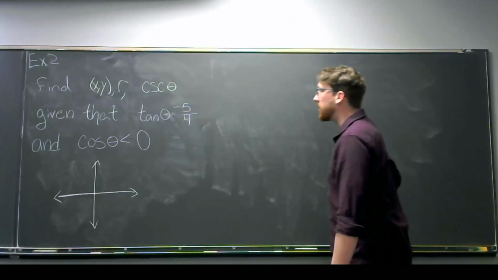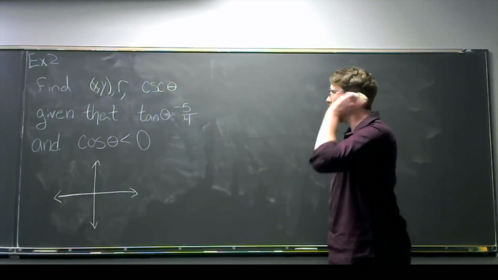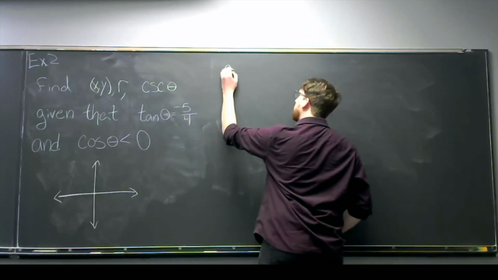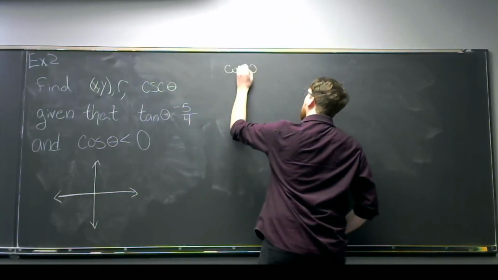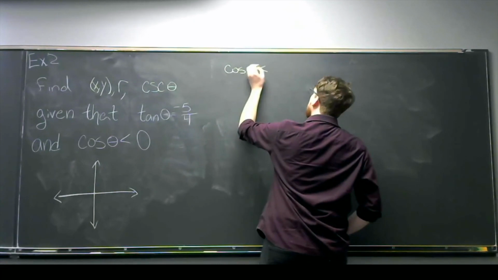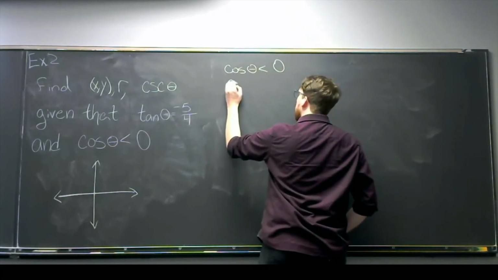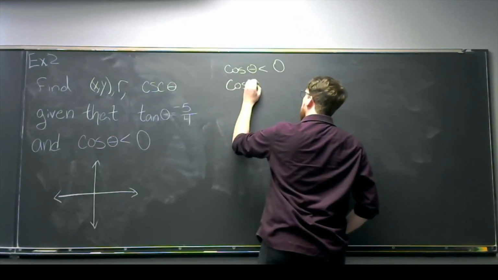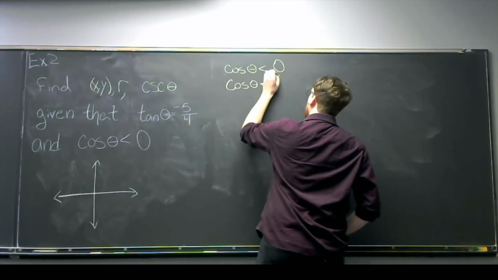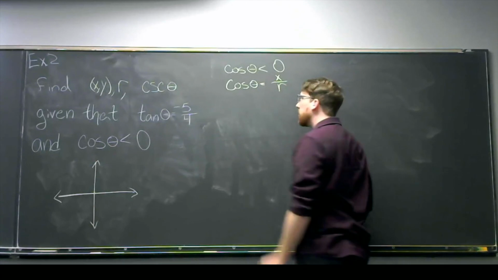Well, we can start by saying, I know that cosine of our angle is less than 0. And I know that cosine of our angle is equal to x over our radius.